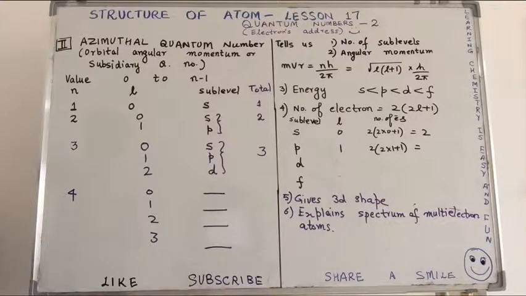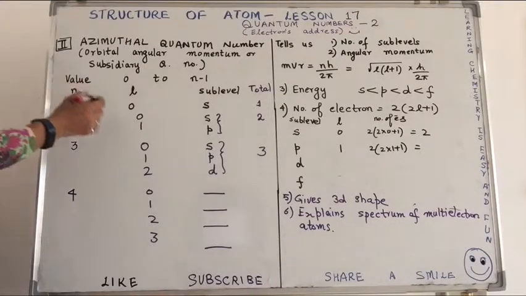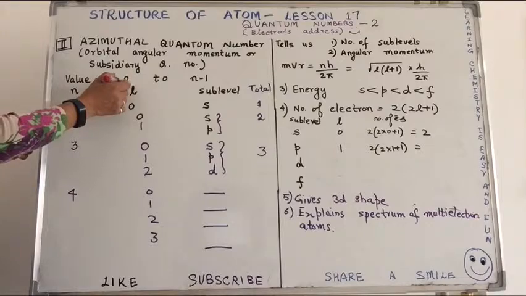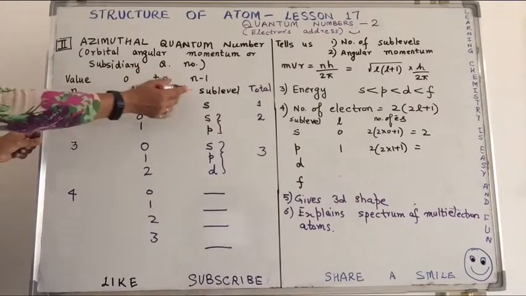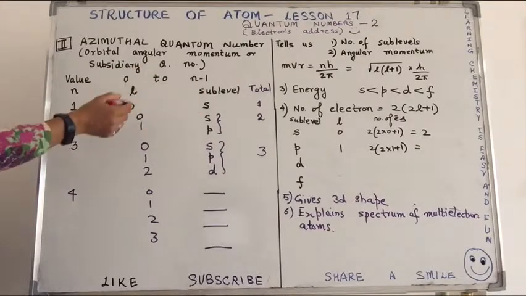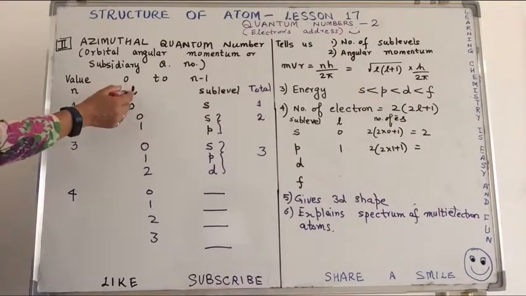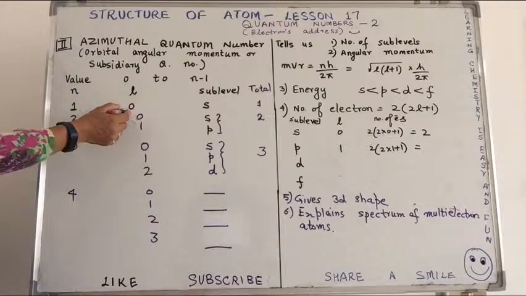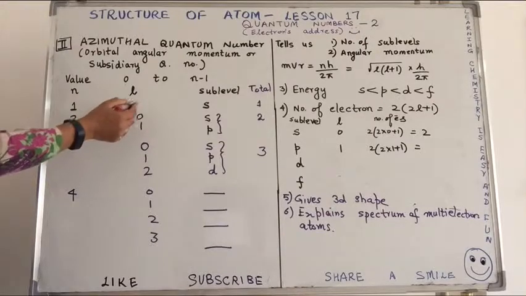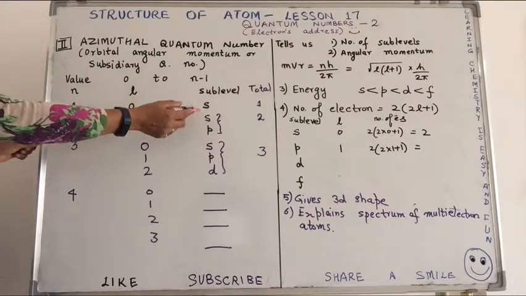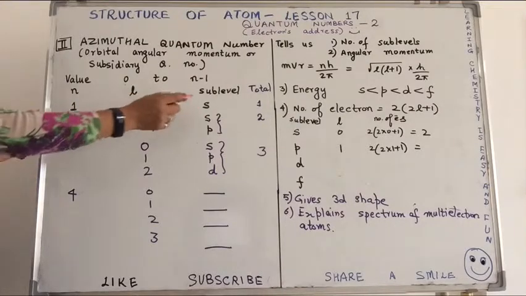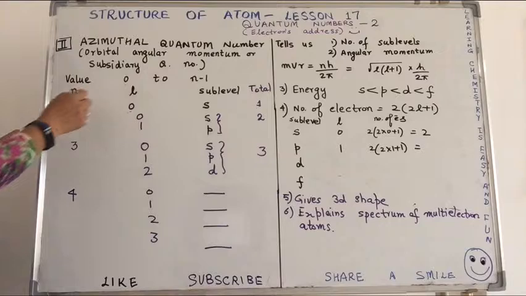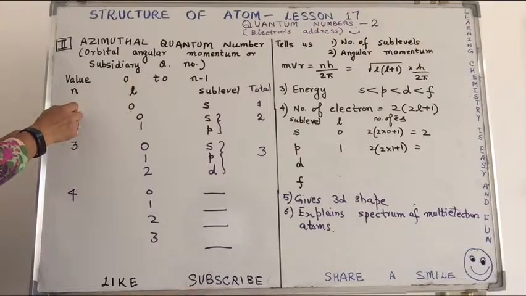So if n is 1, the possible values of L are 0. Now n minus 1, 1 minus 1 is 0. So 0 to 0, it's only one value. These are whole numbers. So L is also 0. When L is 0, we call it sublevel S.